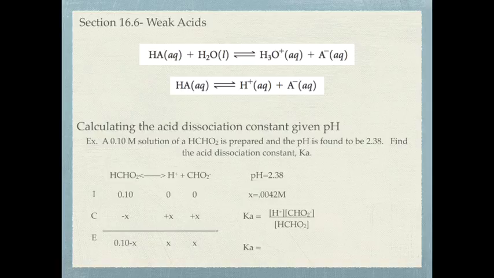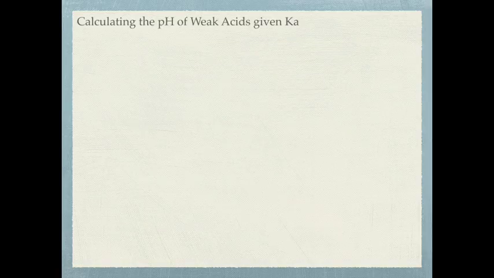So now I know my Ka equals 0.0042 times 0.0042 divided by the concentration of the acid, which by subtracting I find is 0.0958. And so my Ka for this is going to be 0.0018. And that's it.